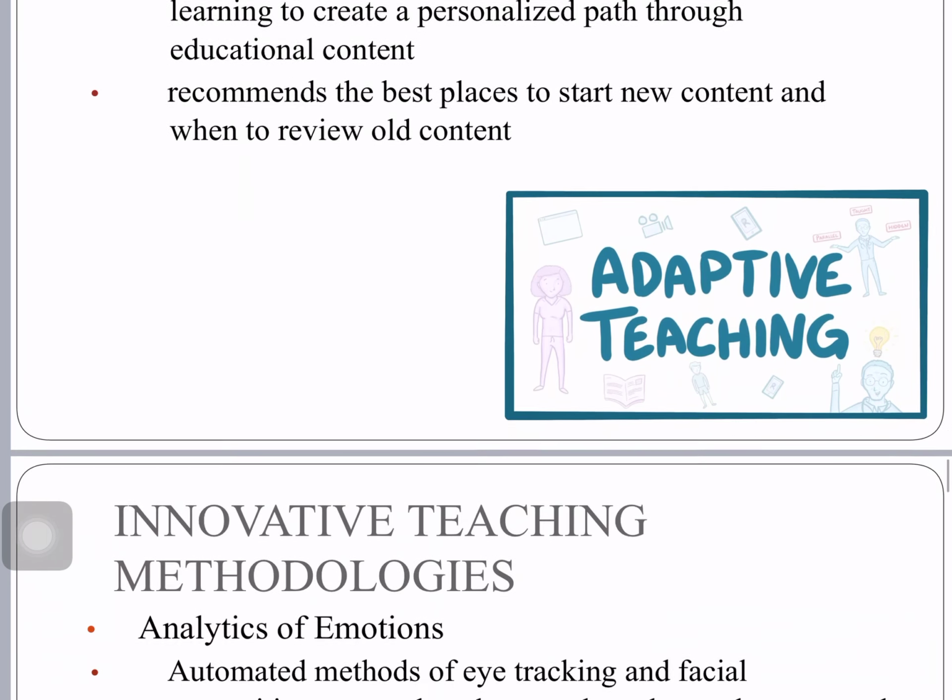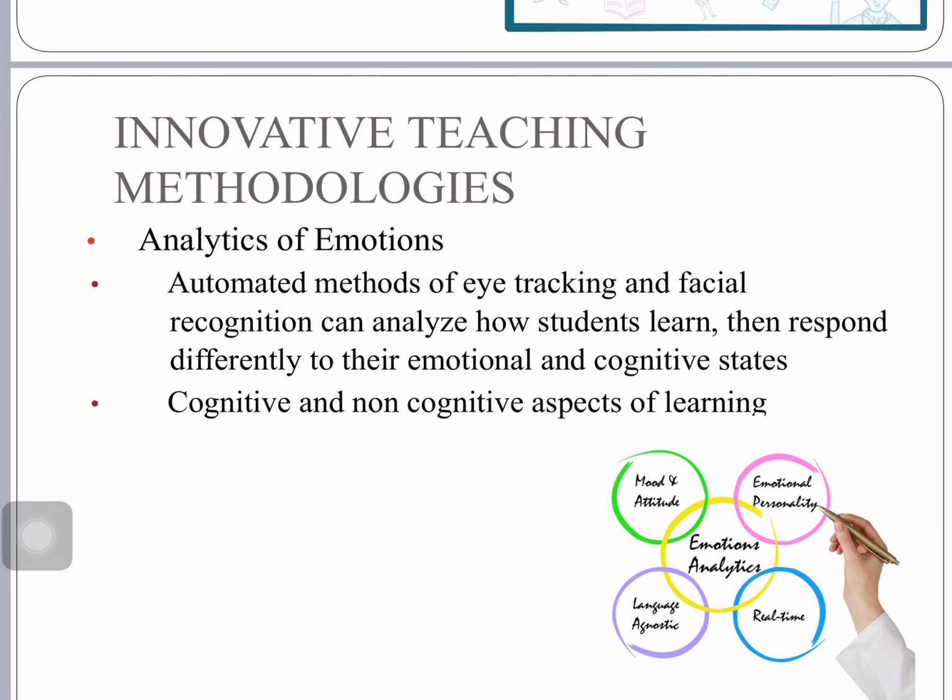The next type of methodology is the analytics of information. The ongoing contention between IQ and EQ is the essence of this methodology. Typical cognitive and non-cognitive pattern recognition can help in analyzing how students learn and respond to any subject matter. Cognitive aspects include how well a student answers a question or how effectively a student can explain the knowledge imparted to them.